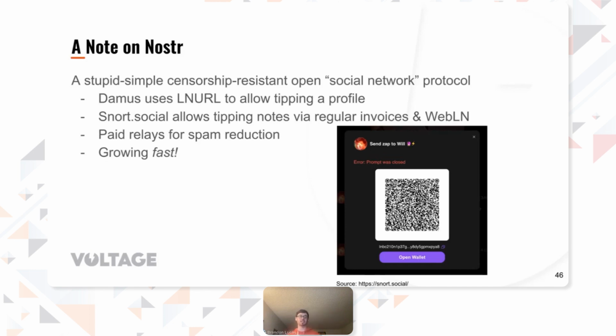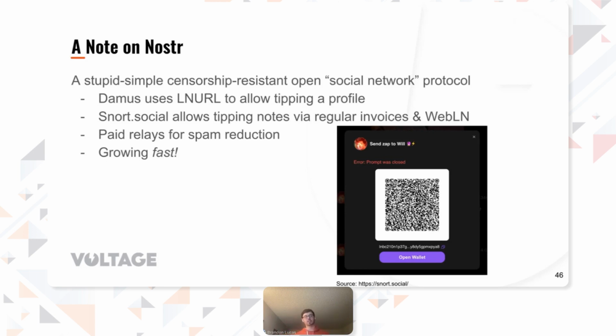So for example, Damus is the iOS Nostr client. You can download it on the App Store. It uses LNURL to allow you to tip profiles. Snort.social is another client. It allows you to tip notes. So notes are basically like tweets, right? Like individual posts, via regular invoices or WebLN.